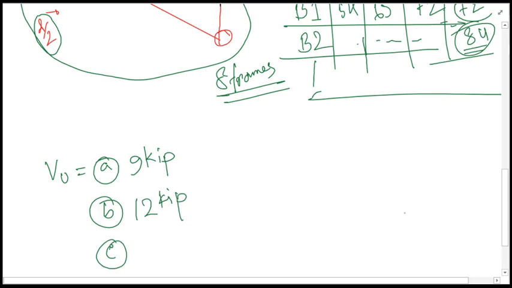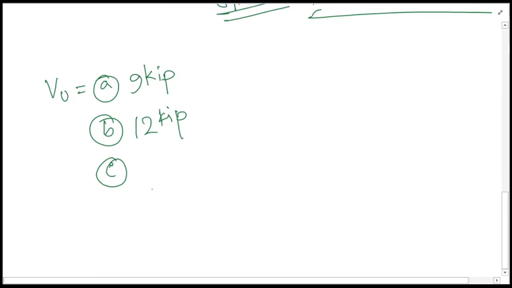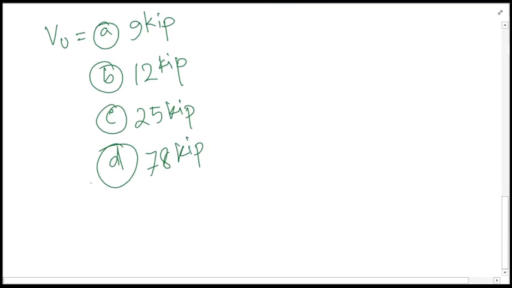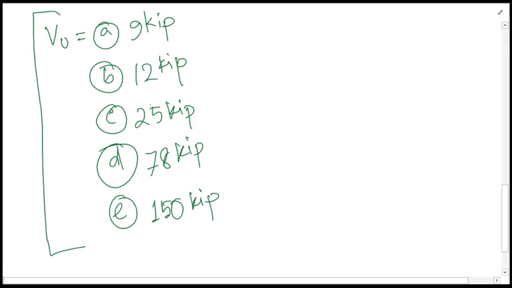It might be 25 kip as well. It might be 78 kip, and also it might be 150 kip as well. So for all these cases we'll be watching how to design the shear reinforcement individually. Although I know that by this time you have learned these things, I will be clarifying this again here.